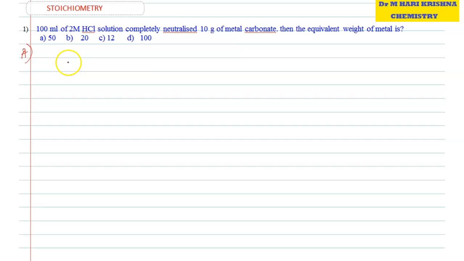Here we can use, in the case of normality, normality equal to weight of the solute by equivalent weight of solute into 1000 by volume of solution.